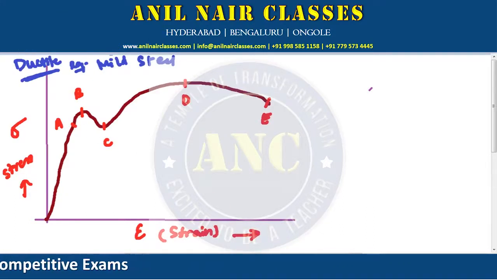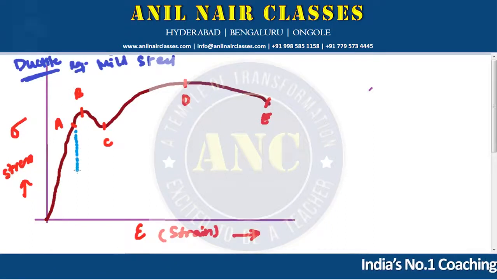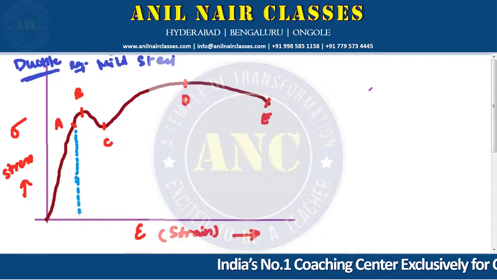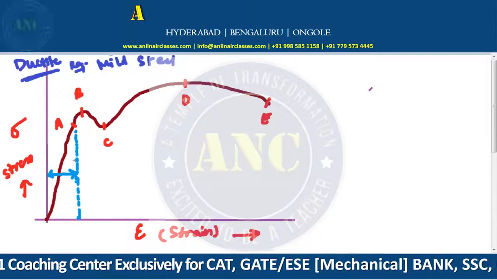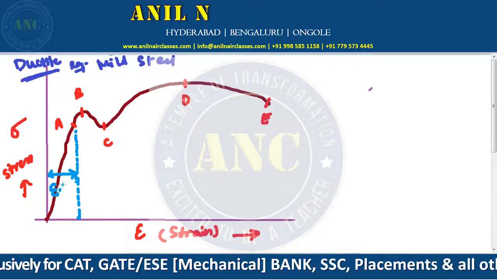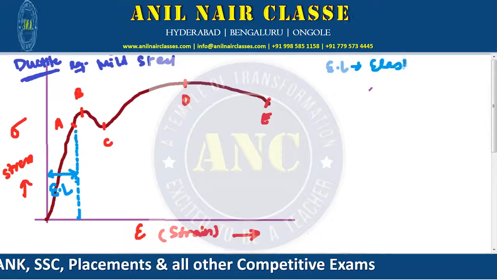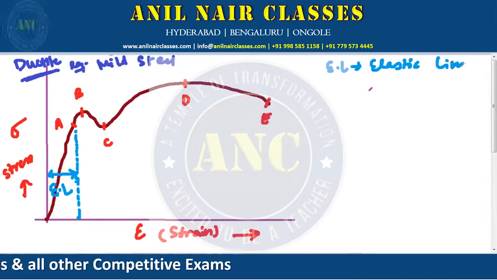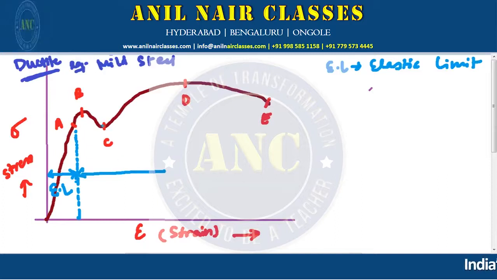Here, till A, the point A is called EL, that is, EL stands for elastic limit. Beyond this, this is called yielding.